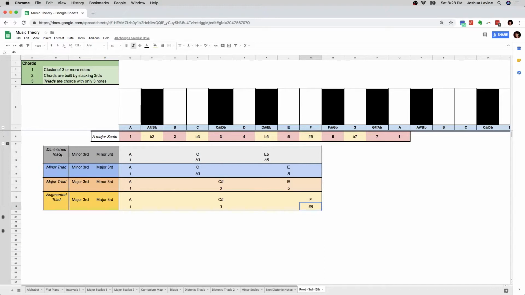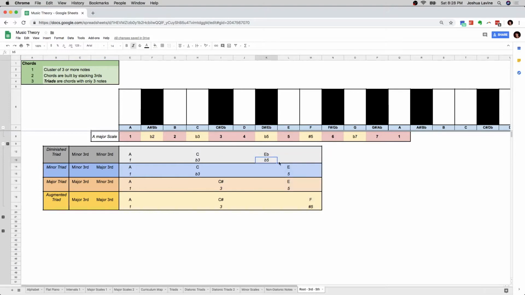So a really useful way to talk about triads is to say they all start on this note. We're going to call that note the root. And then all of the triads have a third. That's this note. And the third comes in one of two flavors. It comes in a flat or a normal. Flat third or normal third. And then we're going to call these notes the fifth. And fifths come in a couple different flavors.